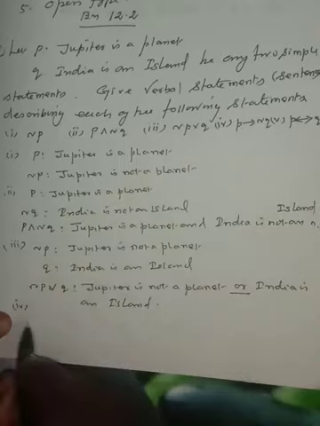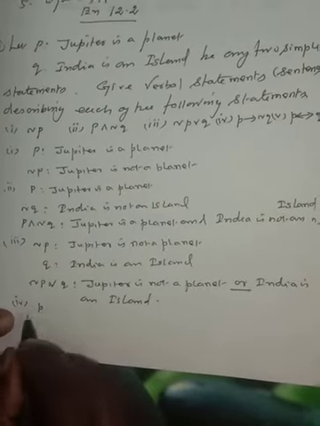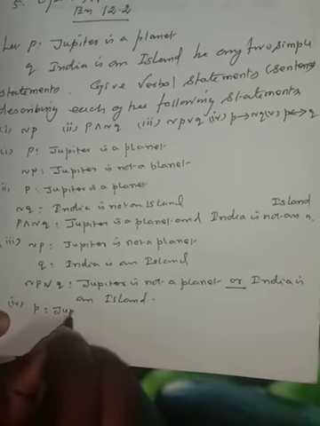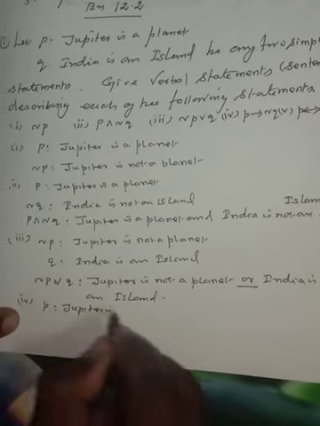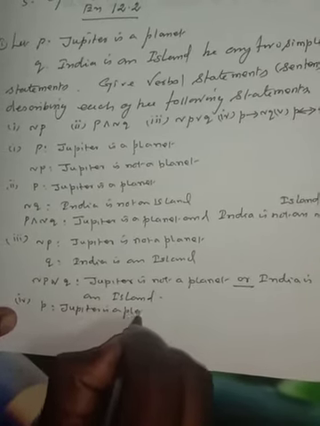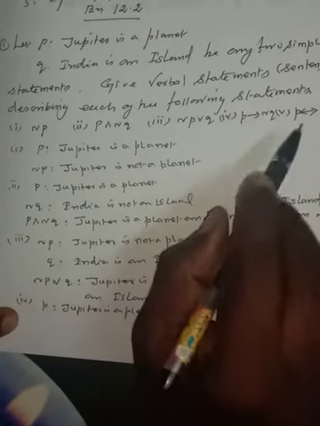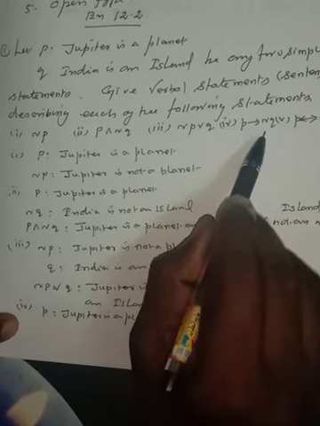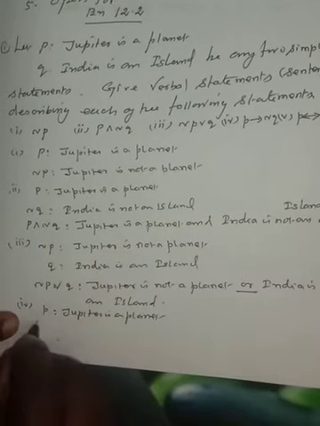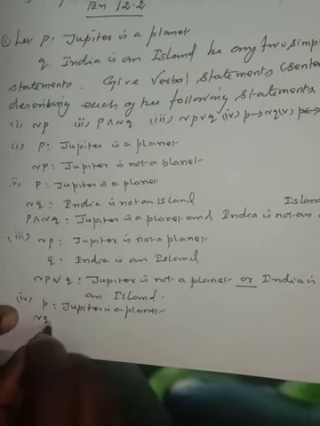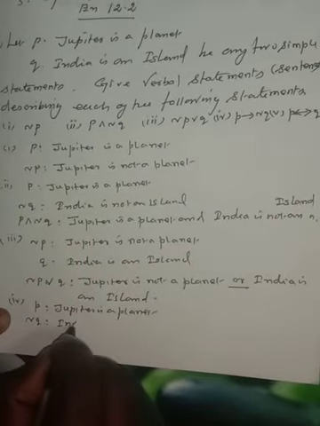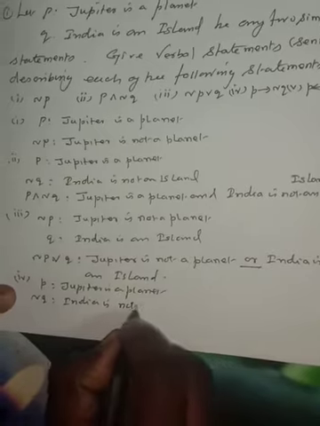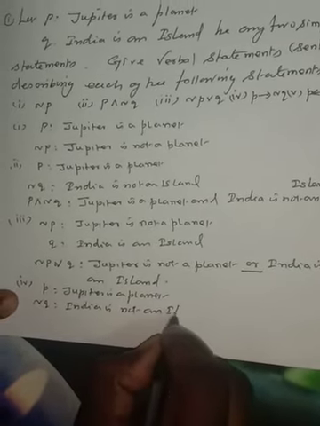Next, number 4. P is Jupiter is a planet. Negation of Q is India is not an island.